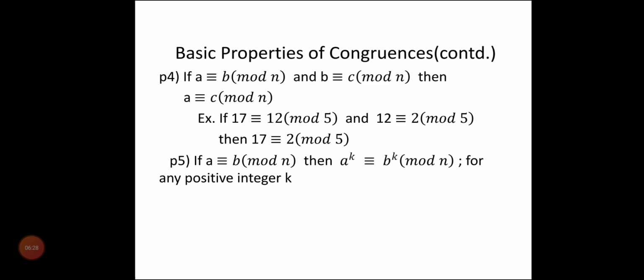That means when you multiply the congruence relation a is congruent to b modulo n twice, you get a squared is congruent to b squared modulo n. So on, when you multiply the same equation k times, you get the congruence a raised to k is congruent to b raised to k modulo n, and this equation also exists. That is the meaning of this property P5.